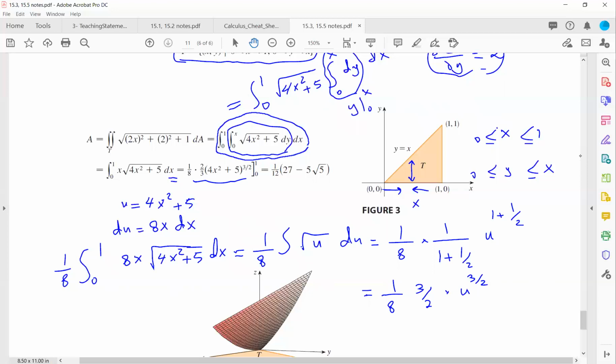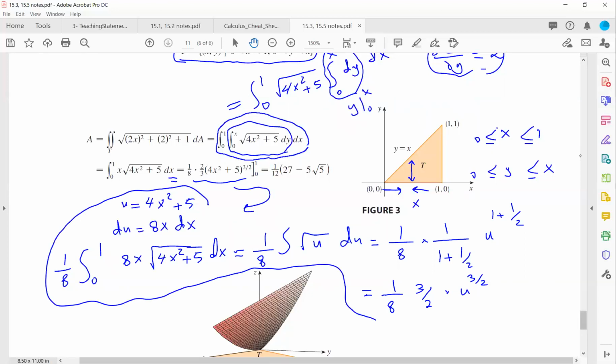The whole thing is coming from this substitution and doing the algebra.